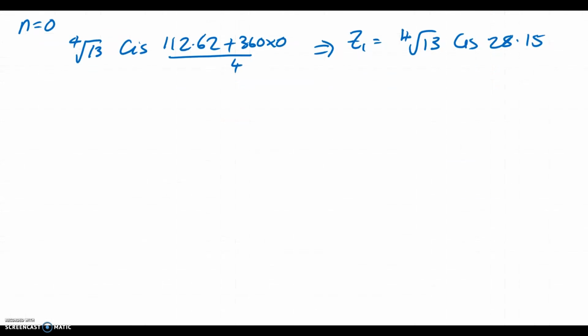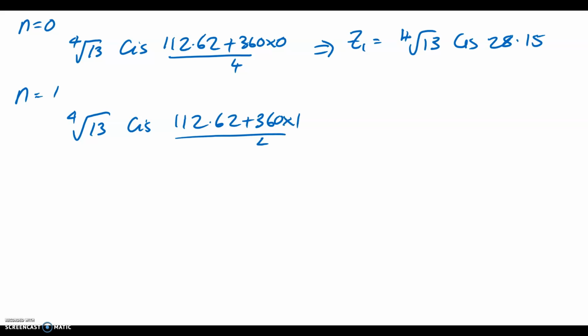So let's look at n equals 1. So our z2 is going to be the fourth root of 13 cis 118.15.